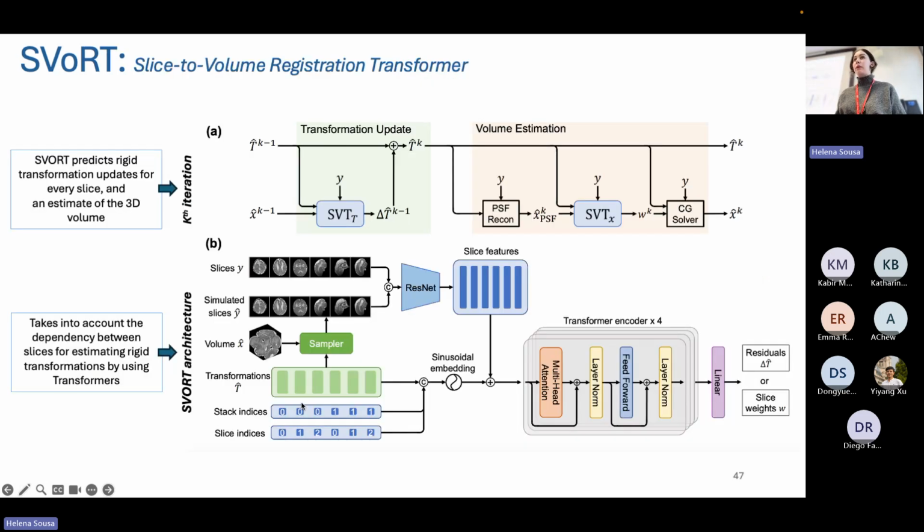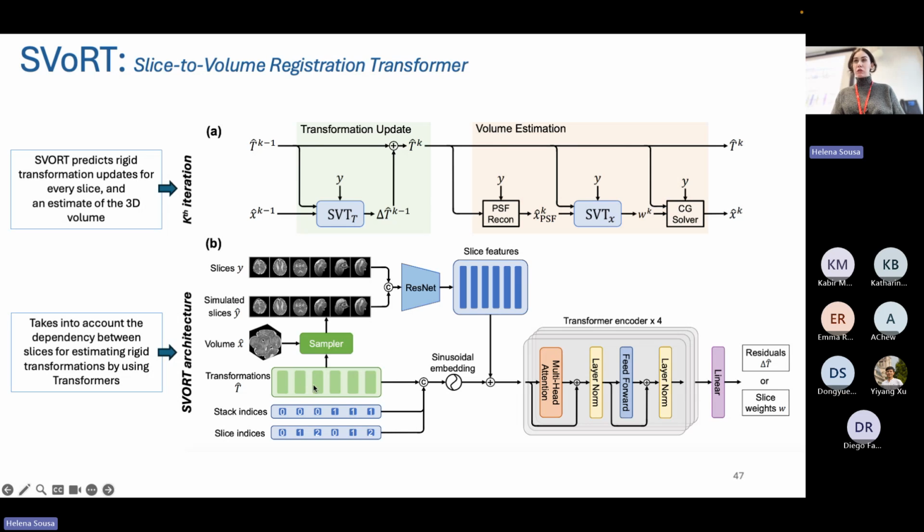So I'll just start by describing the SVoRT part first, so our slice to volume registration. These figures here are just an overview of the architecture of SVoRT, and as well the pipeline for the iterations that SVoRT goes through.